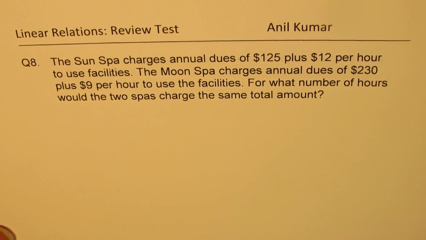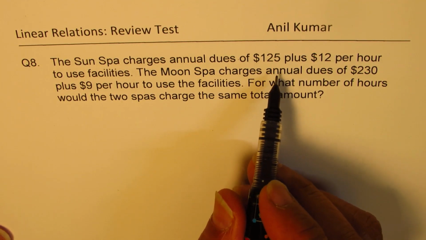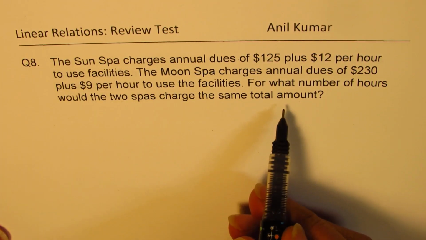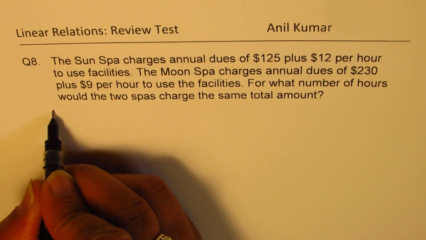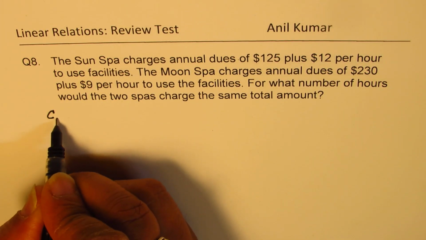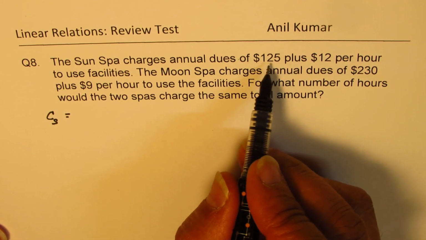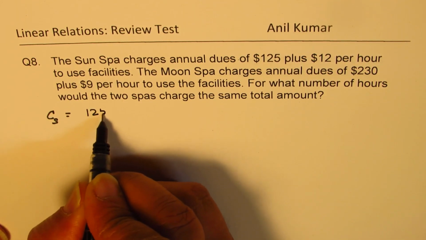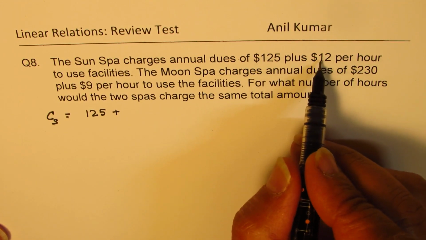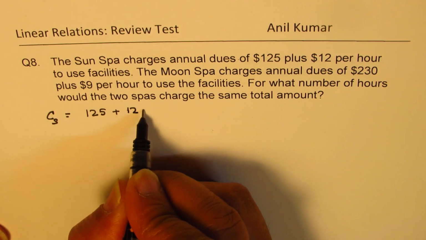That's the question, right? So we have two equations here. We want the same amount. So charges C for Sun Spa, let me write it like this, is equal to the fixed amount of 125 plus the rate of 12, and the time is t.